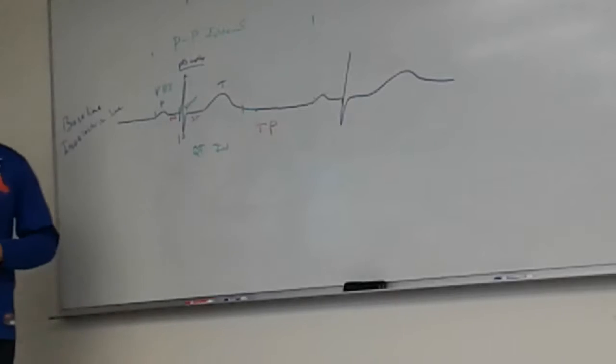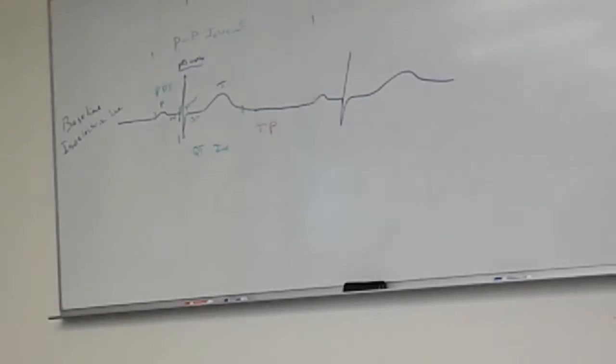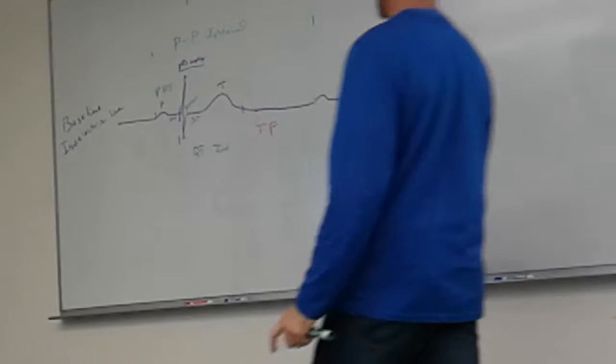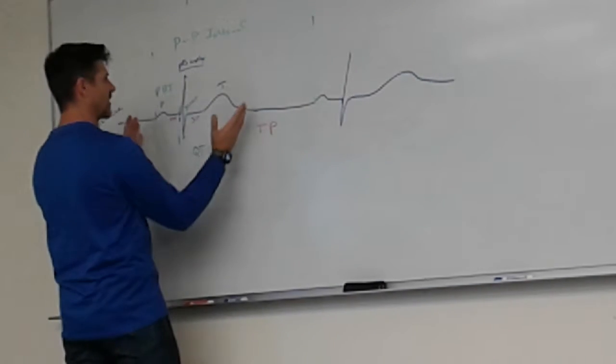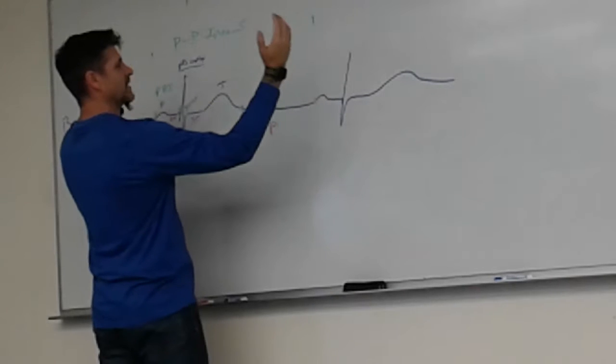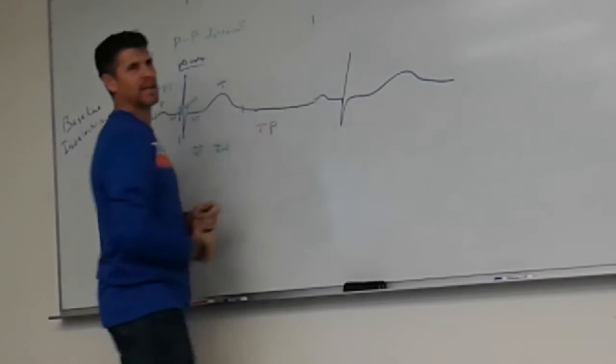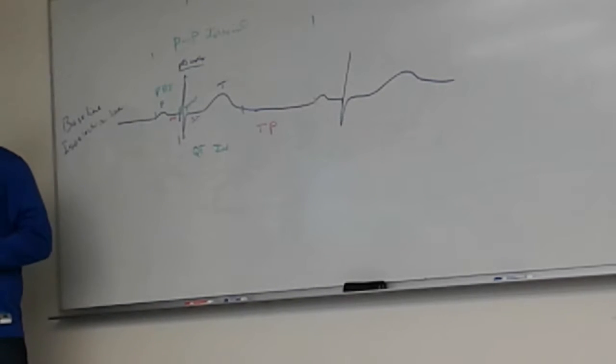That make sense? P to P intervals and R to R intervals end up including everything within a cardiac cycle. Does that make sense? No matter where you start, right? P to P includes everything in this cardiac cycle, and the R to R includes all the waves and segments between these two cardiac cycles, even though it doesn't include all of a single cardiac cycle.